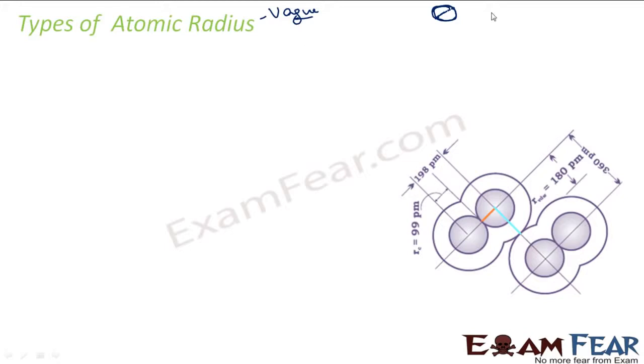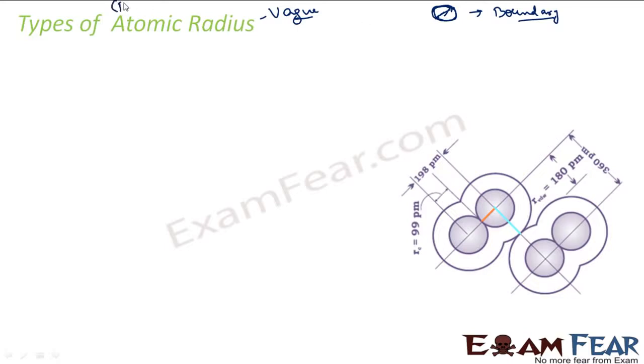It's pretty simple, right? Because the boundaries are well defined. I know this is my ball, this is my center, and this is my radius, this is my boundary. Since the boundary is well defined in a cricket ball, it is easy to find the radius. But in case of atoms, the boundary is not defined.